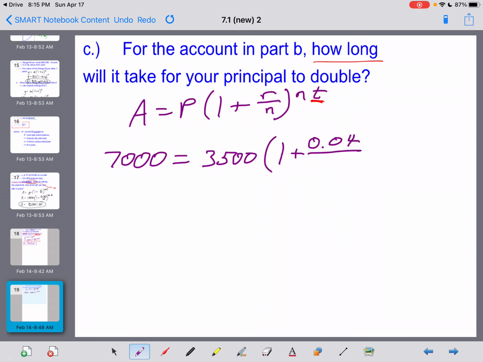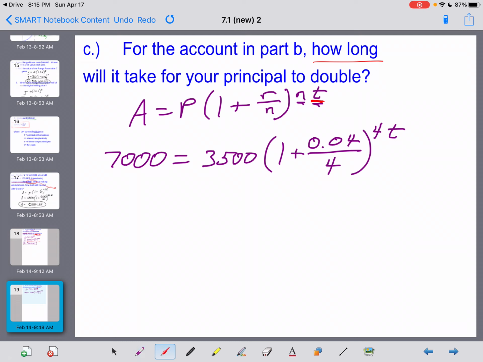We're still compounding our interest quarterly, so n is still 4, and the exponent is 4t, with t being the unknown variable. And as I told you guys earlier, this is a complicated equation to solve that we're going to learn how to do later on in the chapter.